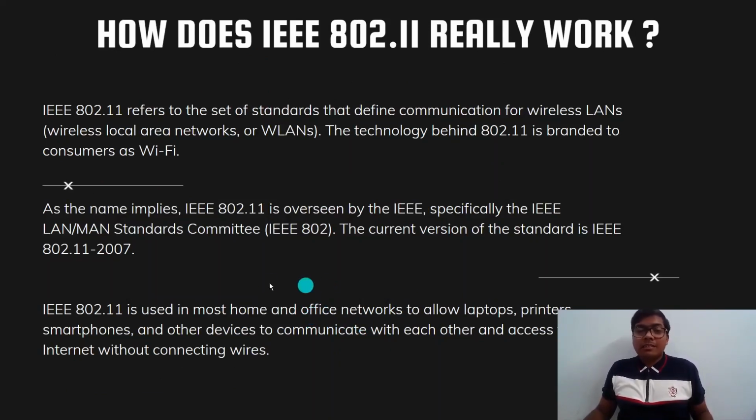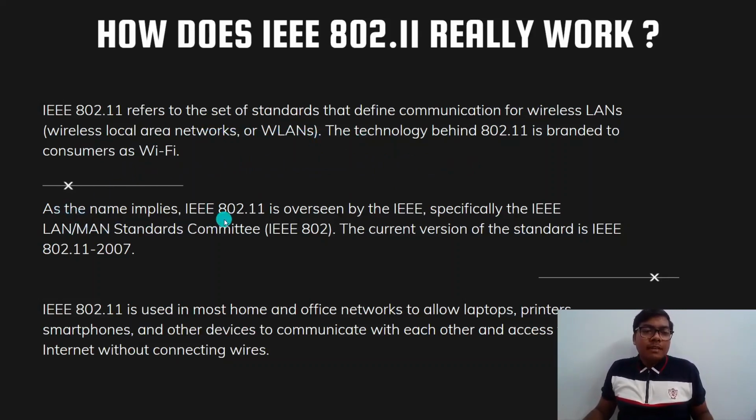So you would be thinking, how does 802.11 IEEE really work? 802.11 refers to the set of standards that define communication for wireless LANs, wireless local area networks, or WLANs. The technology behind 802.11 is branded to customers as Wi-Fi.